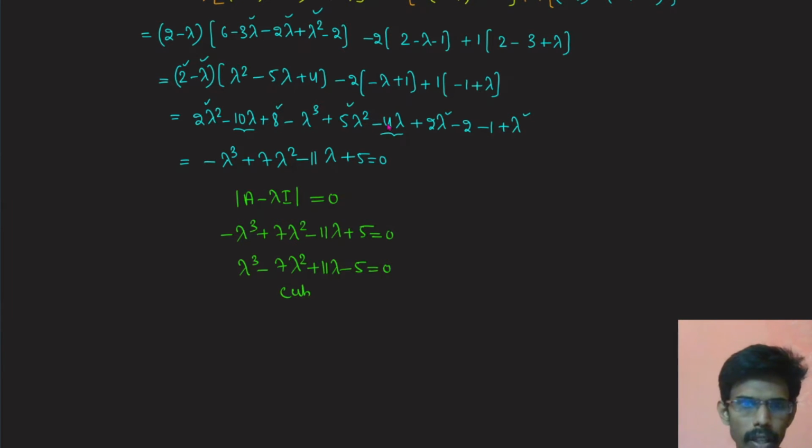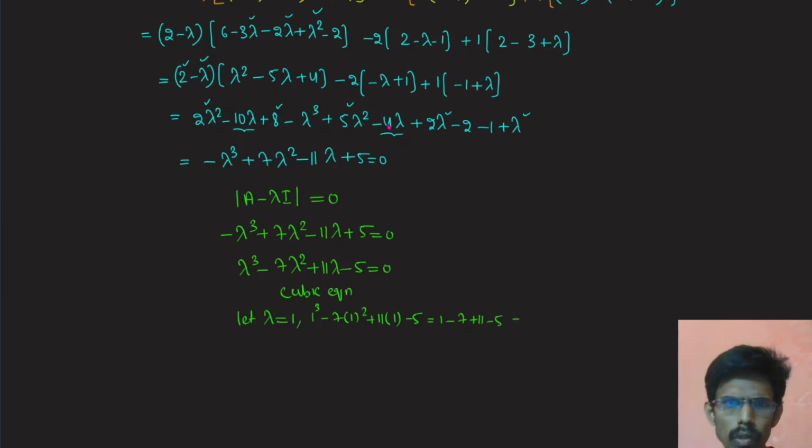This is a cubic equation. Let us suppose the value of lambda as 1. If I put 1 in this cubic equation, we have 1 cube, value 1, minus 7 into 1 square, plus 11 into 1, minus 5. This will be 1 minus 7 plus 11 minus 5. So this will become 12 minus 12, that will be 0.